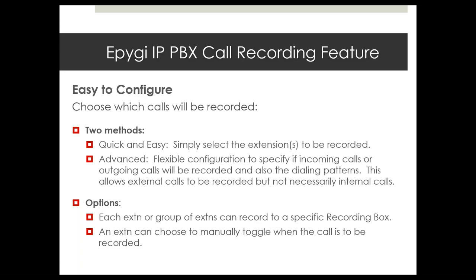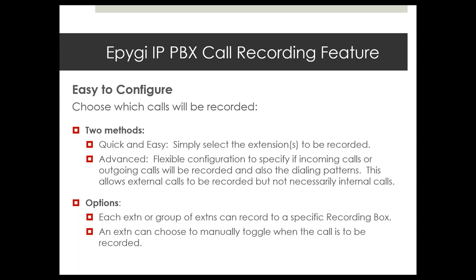Some other options: each extension or group of extensions can record to a specific recording box. For example, maybe the sales department's calls are recorded to one recording box, whereas the support team's calls get recorded to a separate recording box.